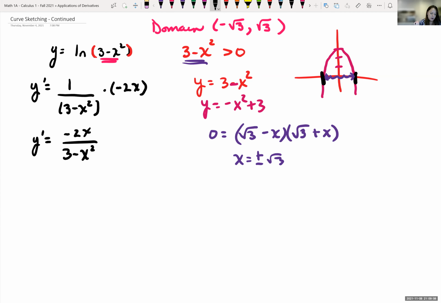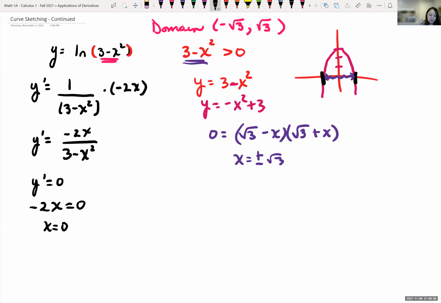So our derivative is equal to 0 when negative 2x is equal to 0, when our numerator is 0. So divide by negative 2, that gives us x equals 0. So that's one of our critical values. And then looking at where it's undefined, I notice it's undefined at values which set my denominator to 0. That's positive root 3 and negative root 3.